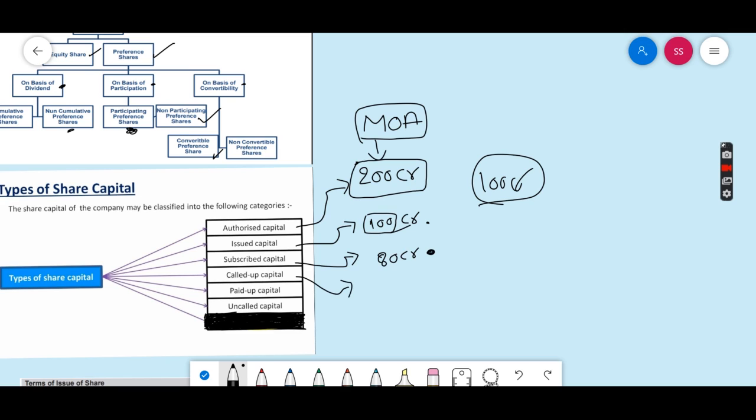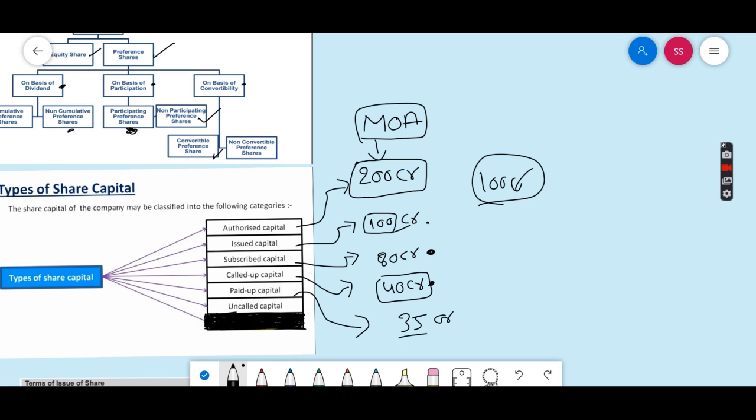And that 80 crores you don't want at once, right? You'll call in installments. Let's just say you want only 40 crores in the beginning stage of your company. That is called up capital. You have called the public that you want 40 crores right now, but they have paid only 35 crores. That means the remaining 5 crores defaulted on the payment, right?